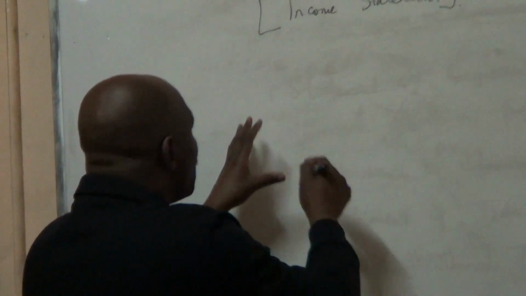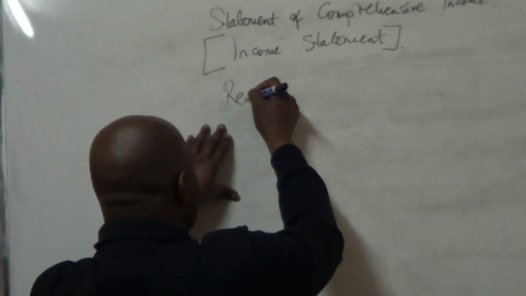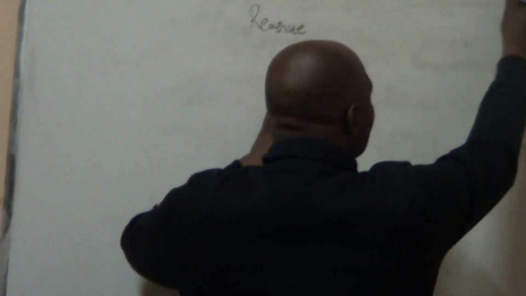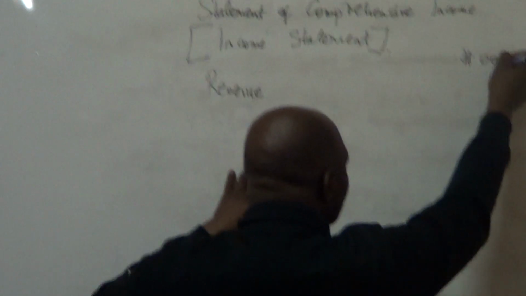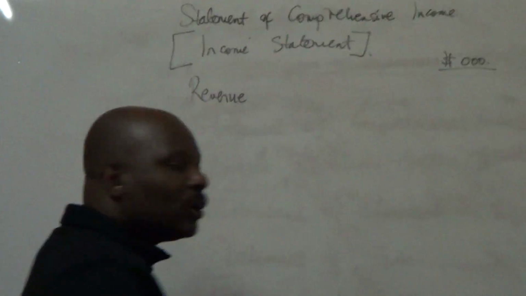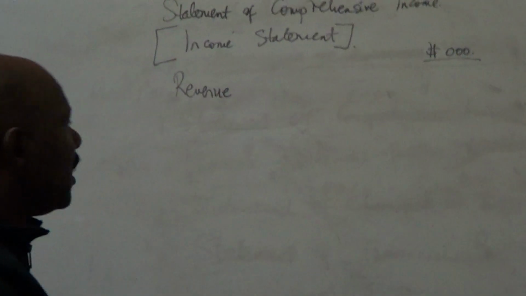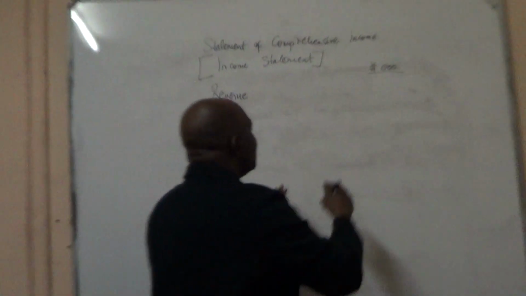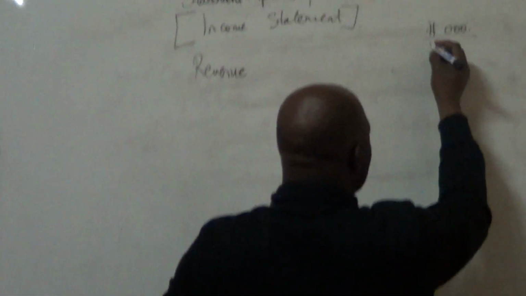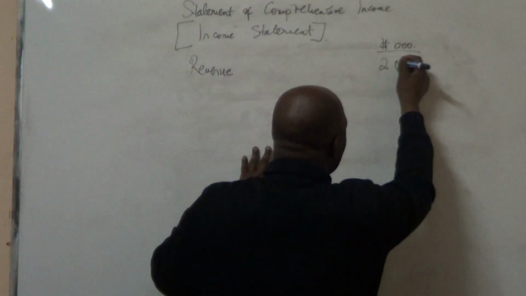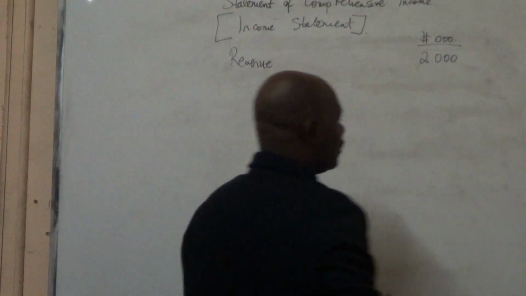So we are starting with our revenue. This is the amount of money that you have received in the business, whether cash or on credit, right? We put our figure there. Let's have an example. Let's say this is 2 million.